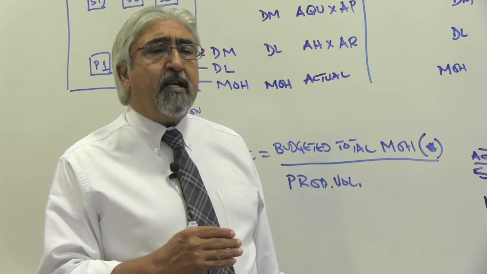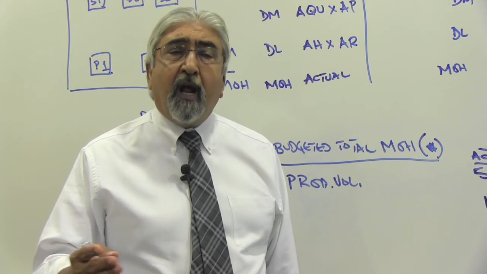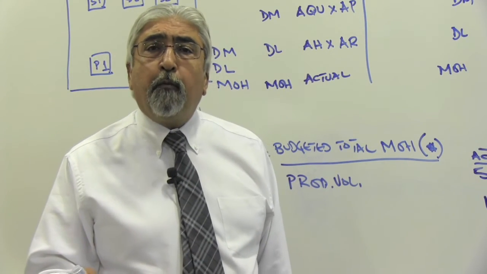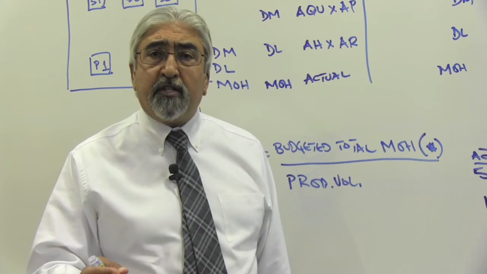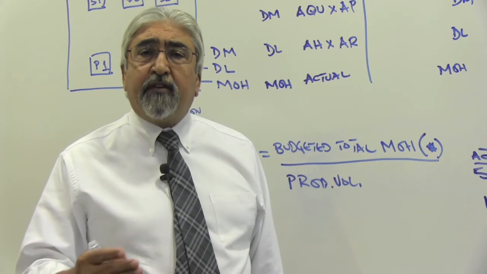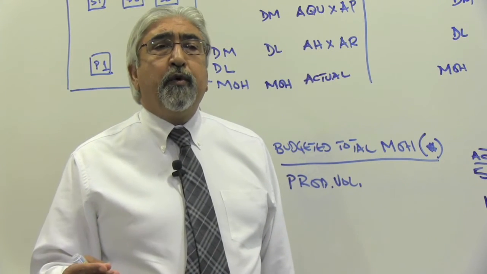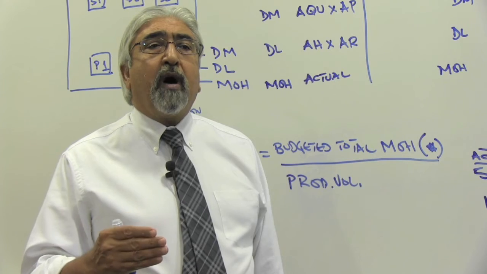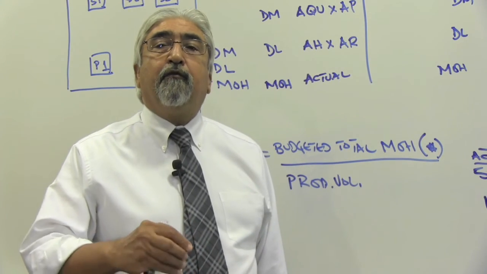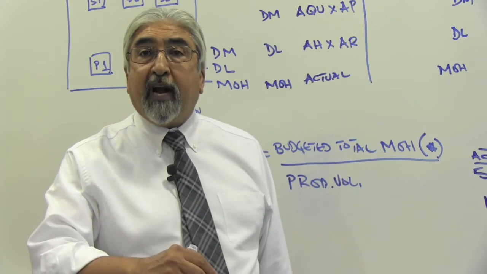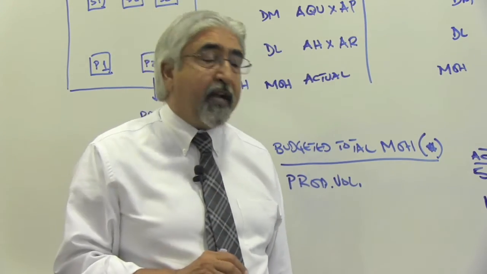Similarly, the budgeted production volume can be expressed in terms of output, where it would be units of output, or it could be in terms of some production inputs like machine hours, direct labor dollars. Which one do you choose? You choose the one which in your case is most responsible for the incurrence of overhead costs, since it is the overhead cost that we are trying to capture.